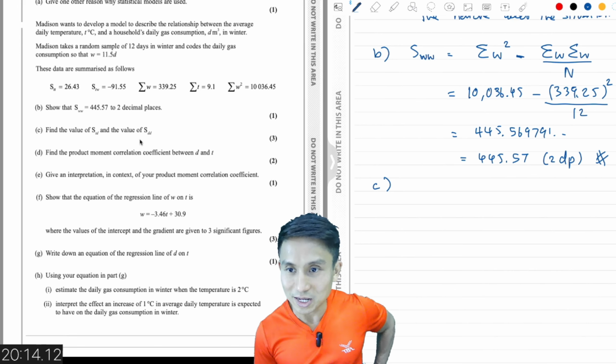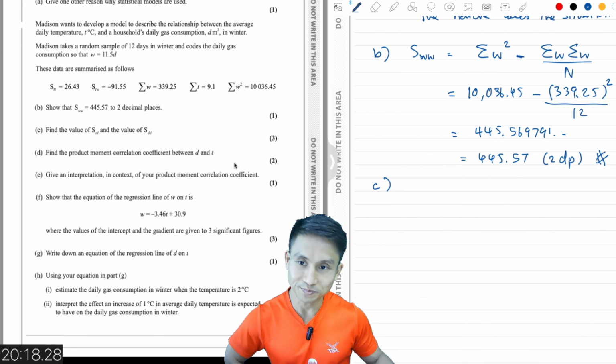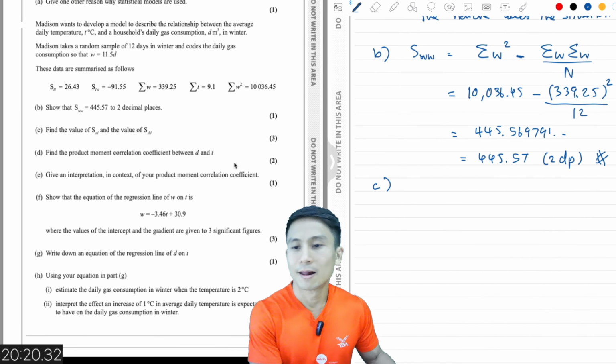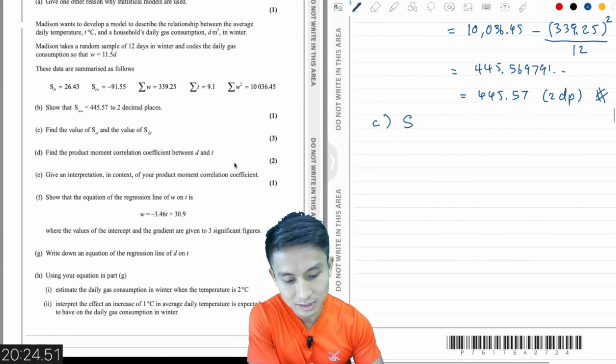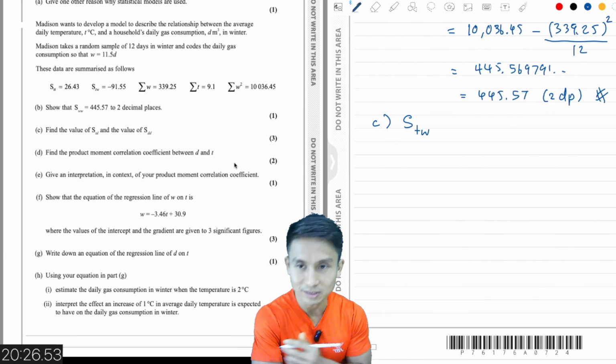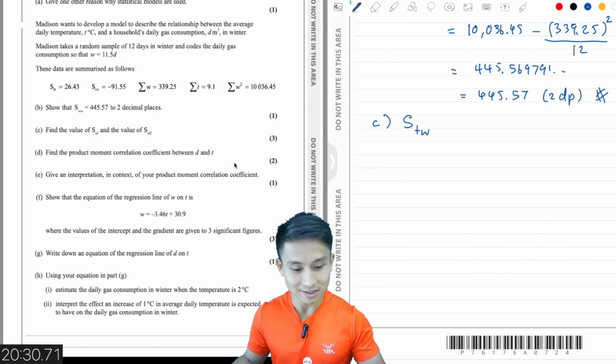So it's given you STW. You need to find STD, right? STW is given to be minus 91.55. But what is STW by its nature?